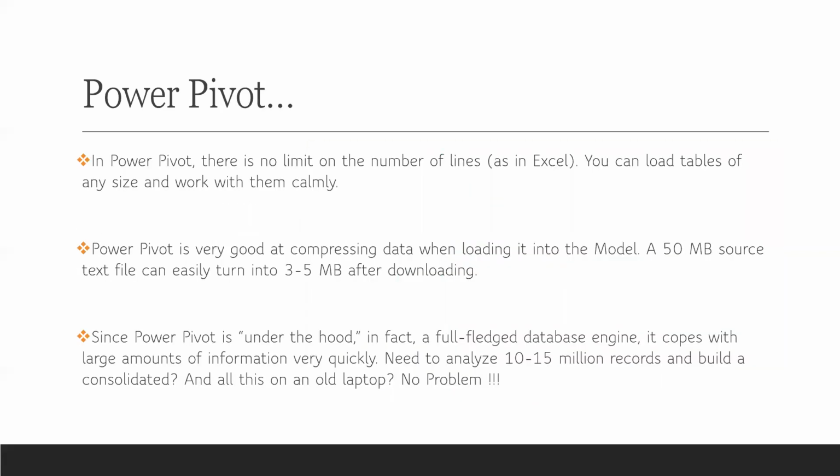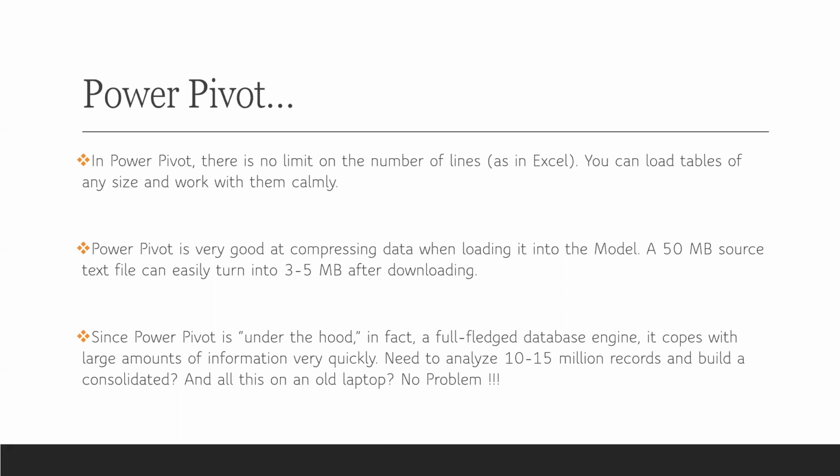And finally, a little bit more about Power Pivot. Power Pivot is not just the modeling, but it has a lot more than that. One thing is, it doesn't have any limit on the number of records stored. Excel can have up to 1 million rows, but this has no limit. You can have any number of records stored in Power Pivot, which is our data store here for Power BI.